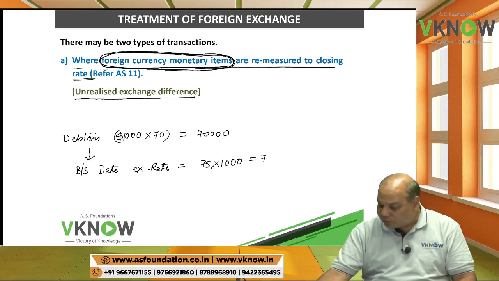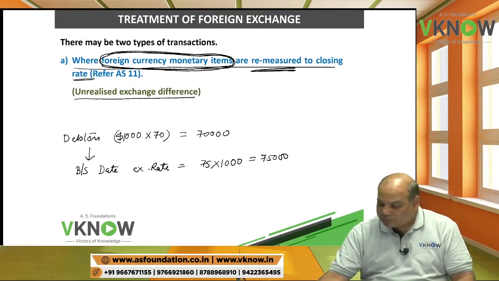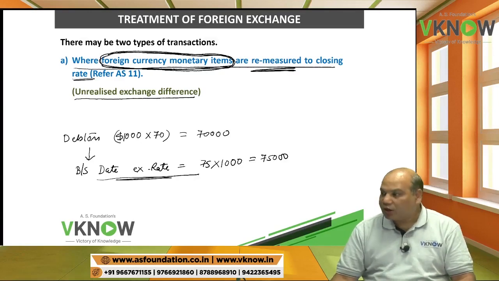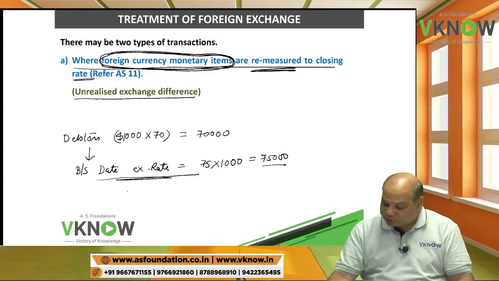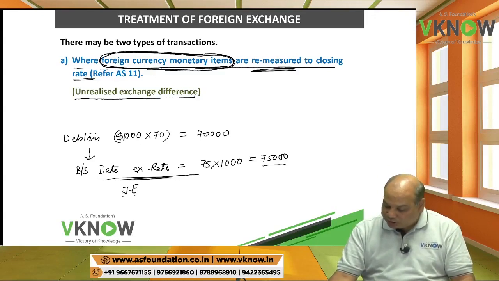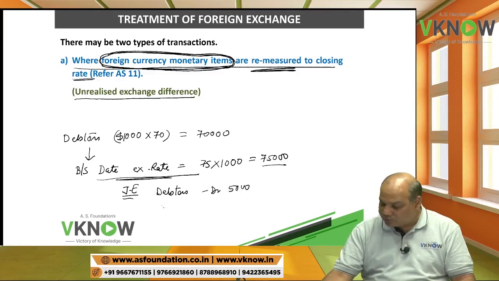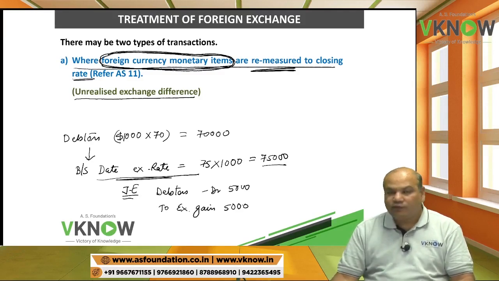So I have to remeasure the debtors at closing rate, 75,000. Journal entry would be debtors account debit 5,000 to exchange gain 5,000.